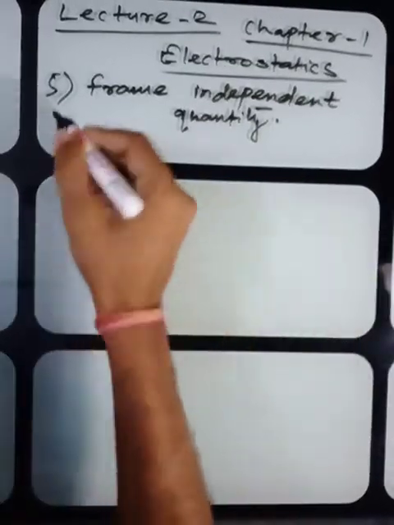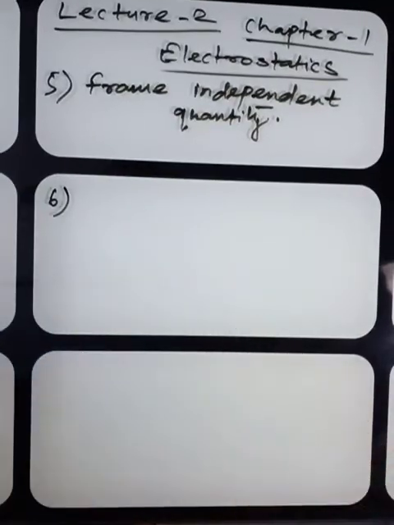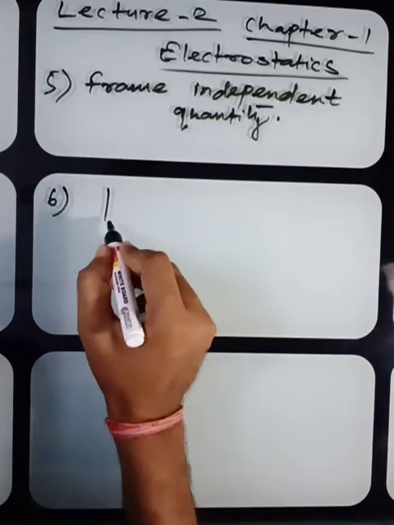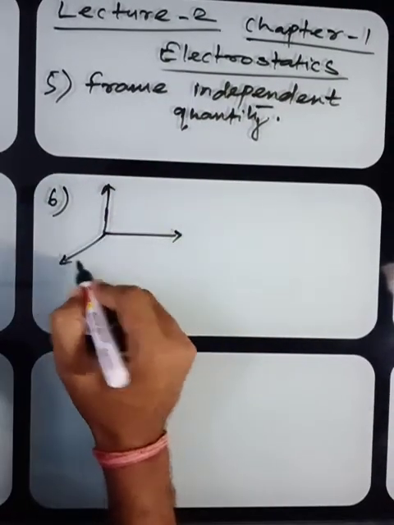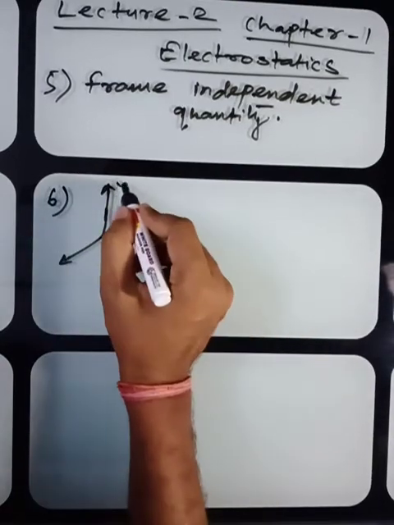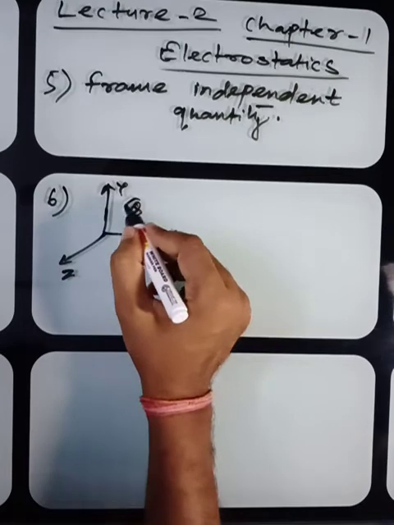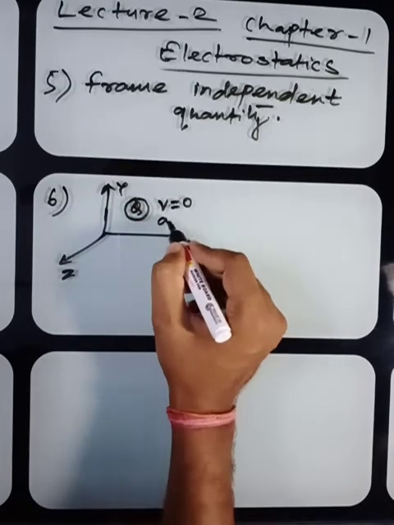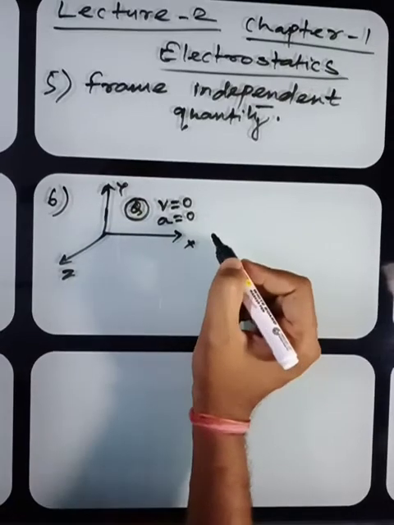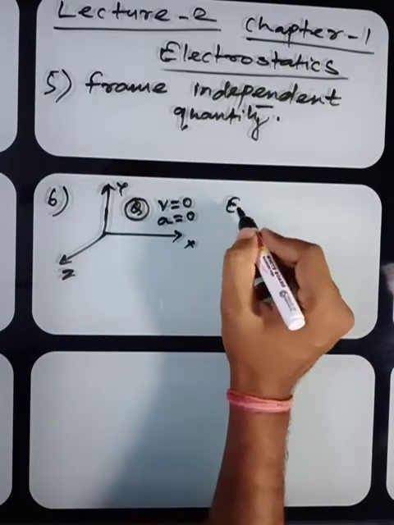Now the sixth property, and this is basically information, not only a property. If any charge is in a static state in a frame, that is, the velocity is 0 and acceleration is 0, then this charge will produce an electric field only.